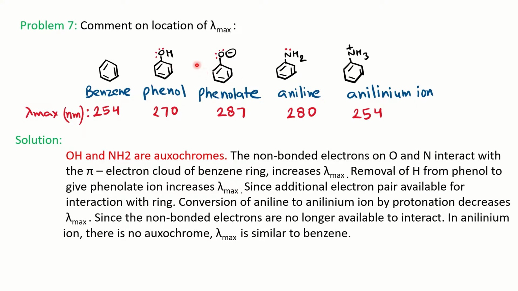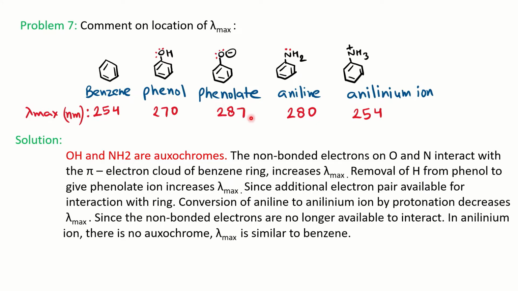If you compare phenol and phenolate, and if you remove the proton from the phenol, you have a negative charge on the oxygen, right? So the negative charge is easily available, meaning the lone pairs are easily available to participate in the conjugation.